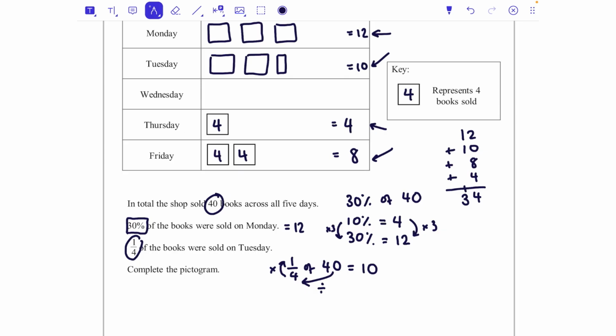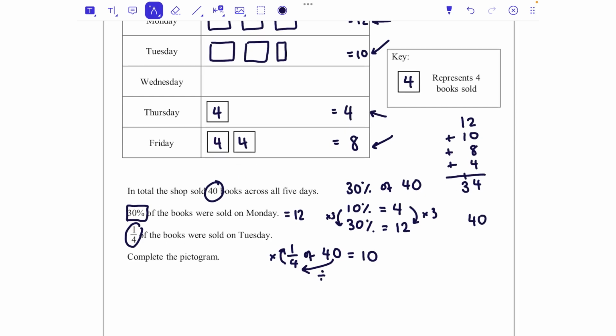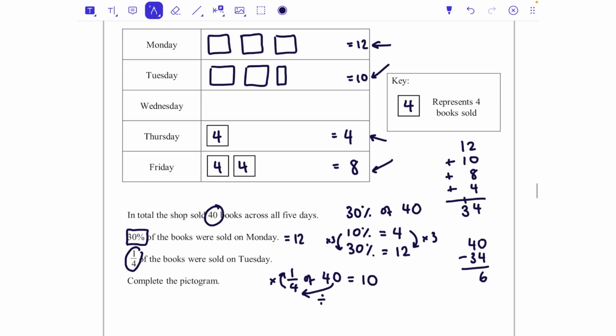So 34 books so far, which means if we do 40, take away the 34, we're left with 6 books. So that means on Wednesday, 6 books must have been sold. And I'm going to draw that by doing one box, which we know is 4, and the extra 2 that comes from doing half a square. And then that equals 6, and all of the books that were sold adds up to 40.